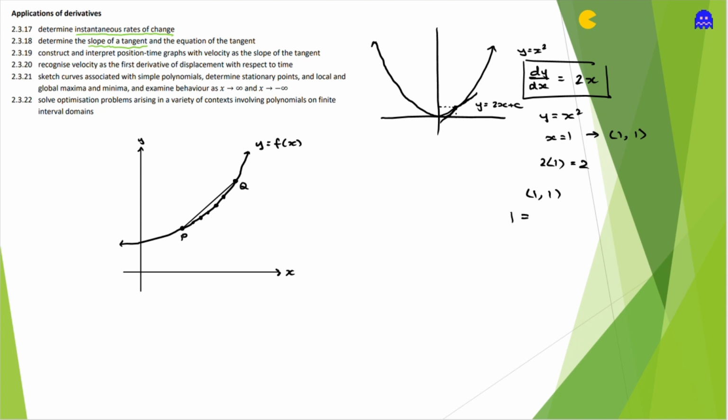So I plug in 1 equals 2 times 1 plus c, and I can see that c is equal to negative 1. And so as a result, my tangent to y equals x squared, which also represents the instantaneous rate of change of the function y equals x squared at the point x equals 1, is y equals 2x minus 1.